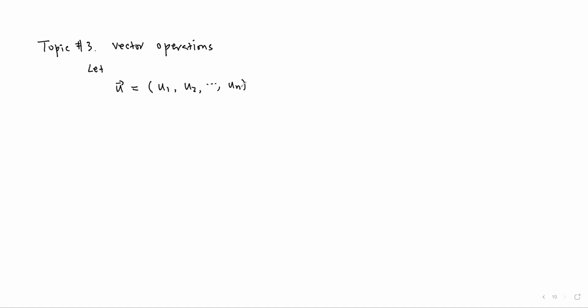This is an n-dimensional vector because it has n entries. Second vector, v1, v2, vn. Now, operation number 1, summation.